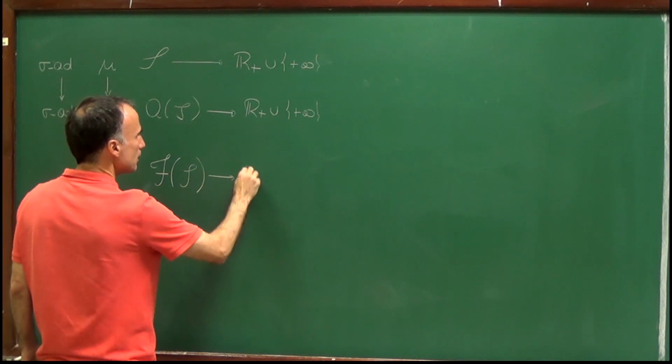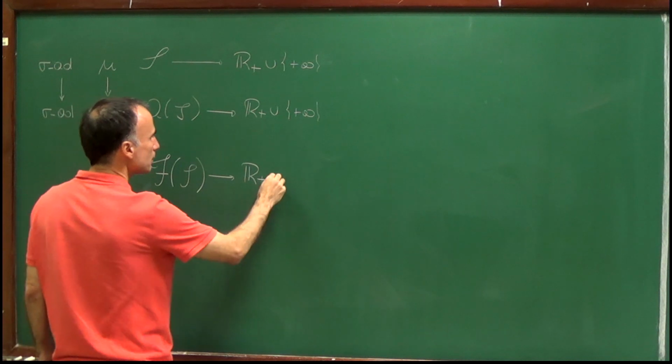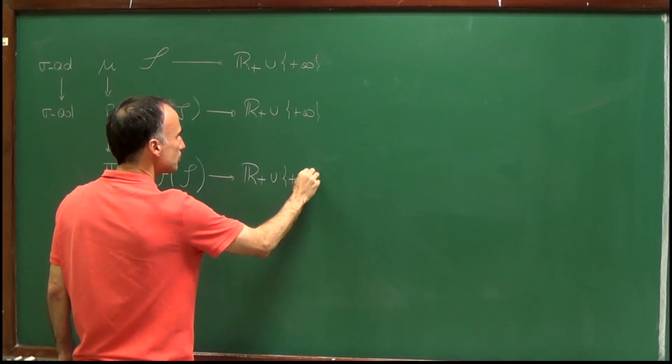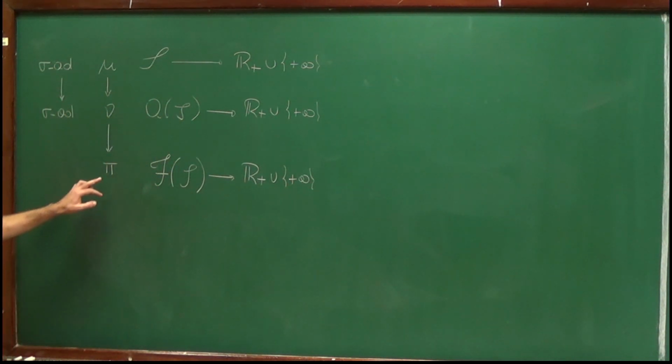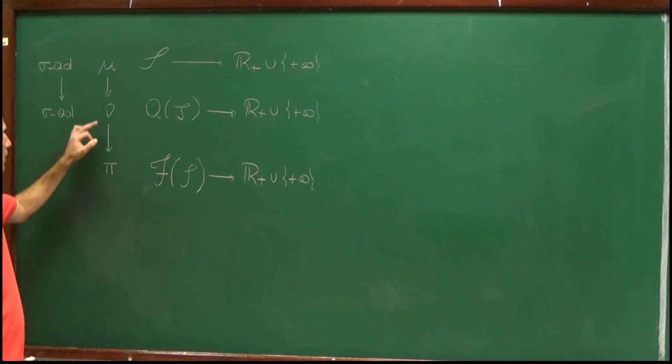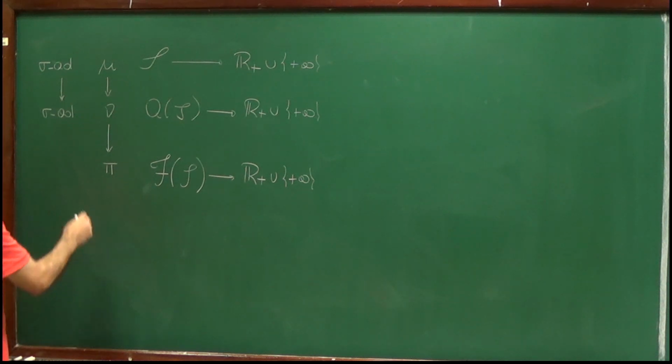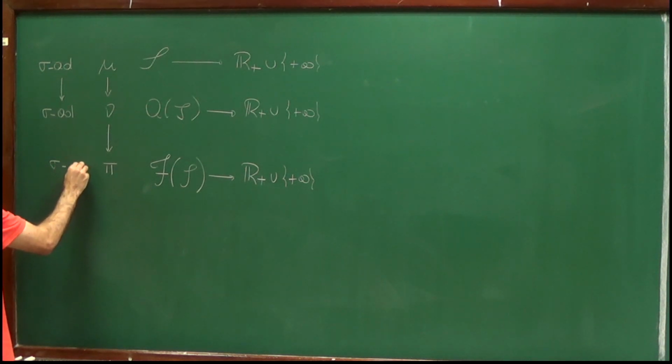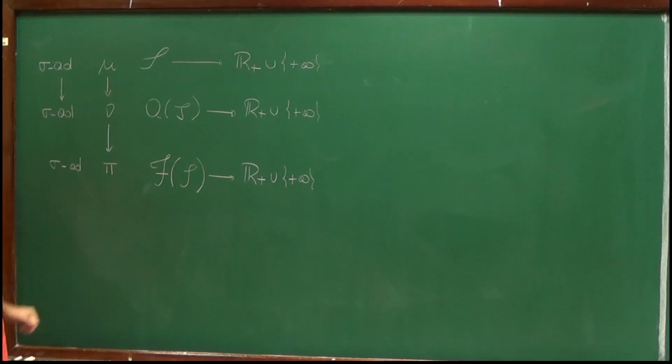So this function will take values in R plus union plus infinity. It's an extension, so its restriction to the algebra will be equal to nu, and it will be sigma additive. So this is the goal of the lecture today.